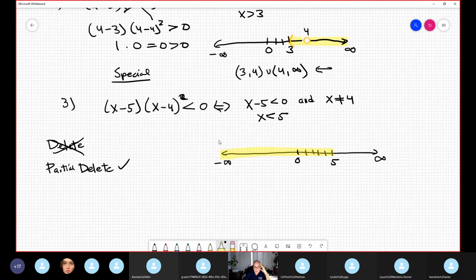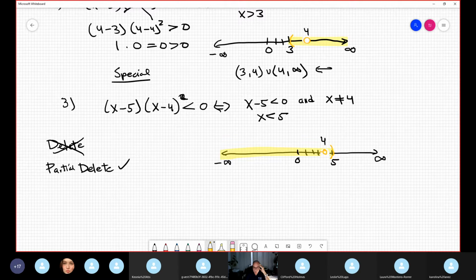But I know, okay, at 4 we have a hole here. And at 5, we never touch 5 because we have no equal. The symbolic way to represent this idea is using parentheses. Wait, parentheses not in black color, parentheses in yellow color.